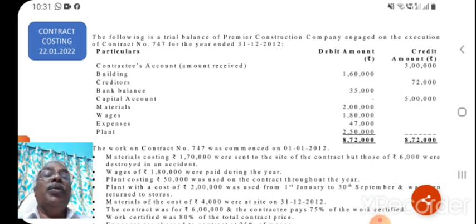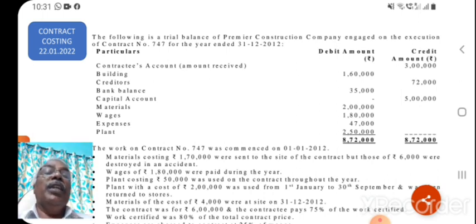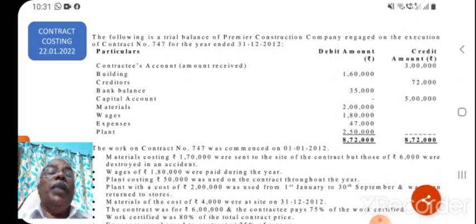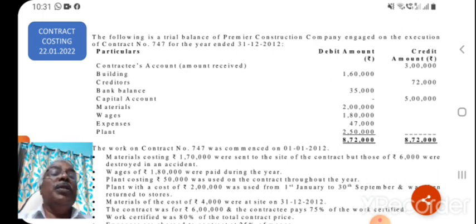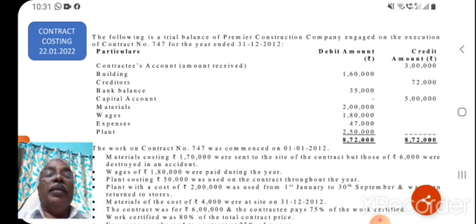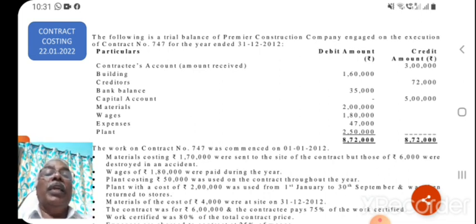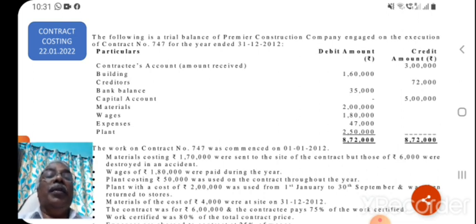To materials 1,70,000. Wages 1,80,000. Plant costing 50,000 was used on the contract throughout the year. It is for the full year, so we can call it plant 1, 50,000, used for the full year.